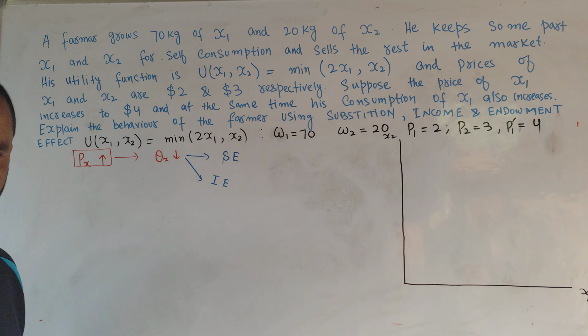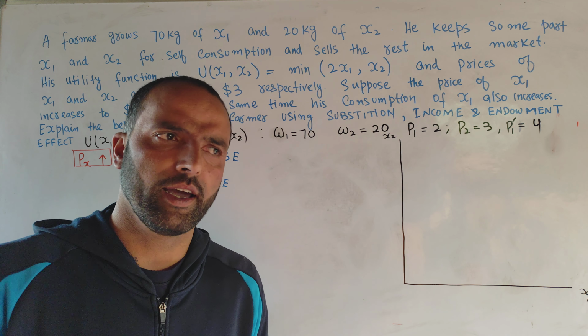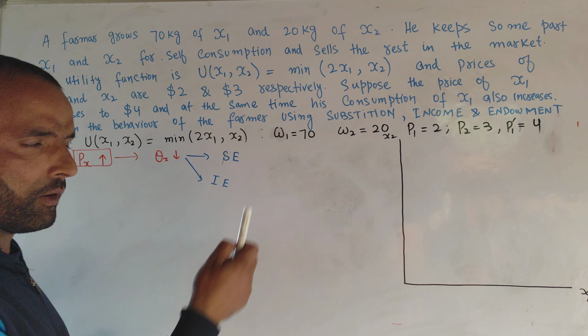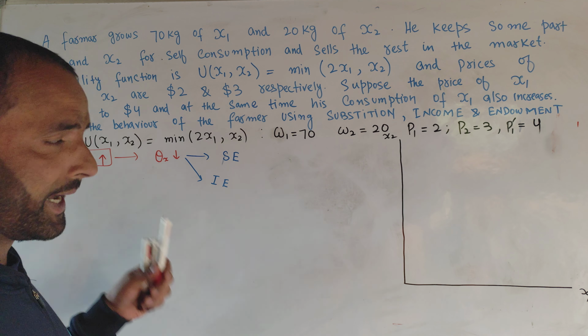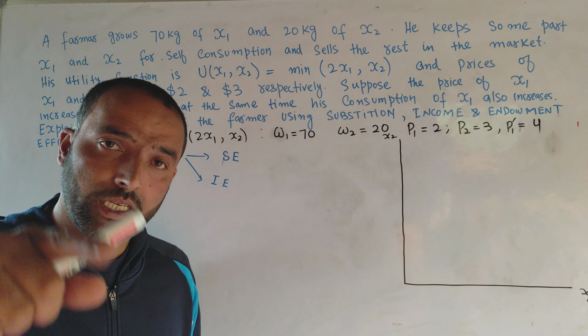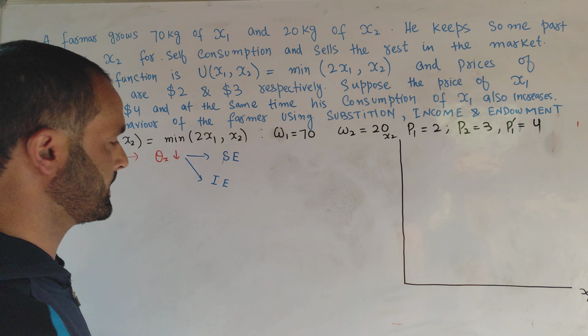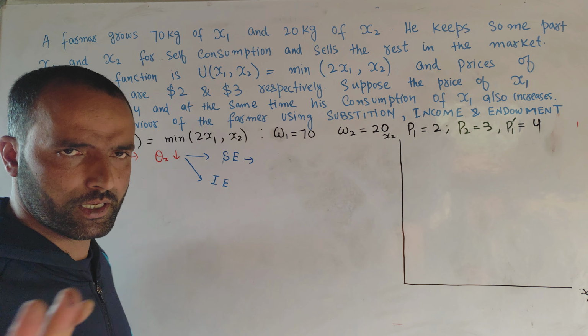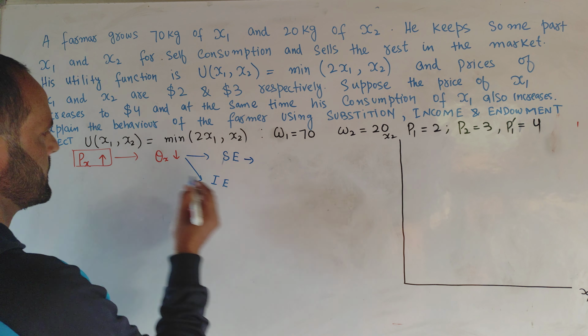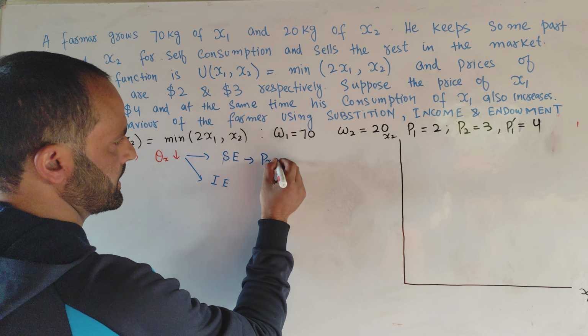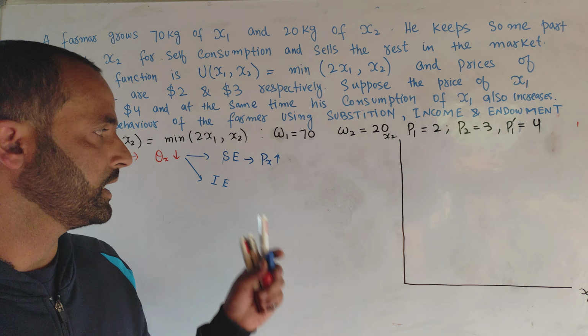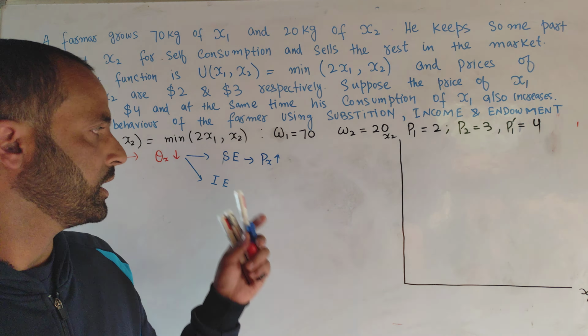By substitution effect, we mean how much the quantity of good X has decreased due to substitution. In plain terms, since the price of X has increased, good X has become dearer or more expensive to the consumer.